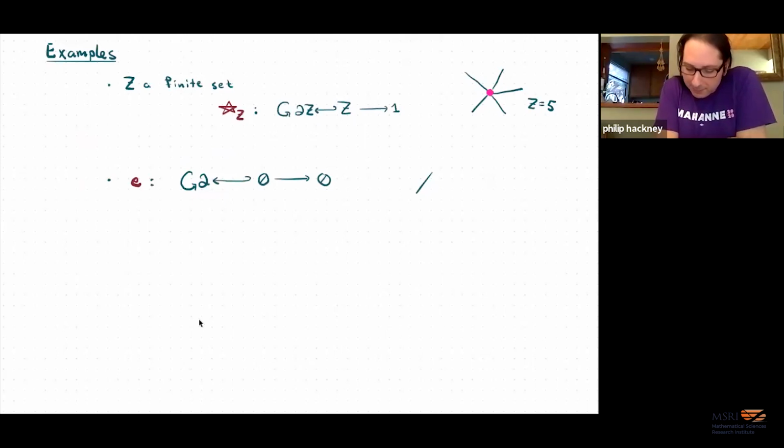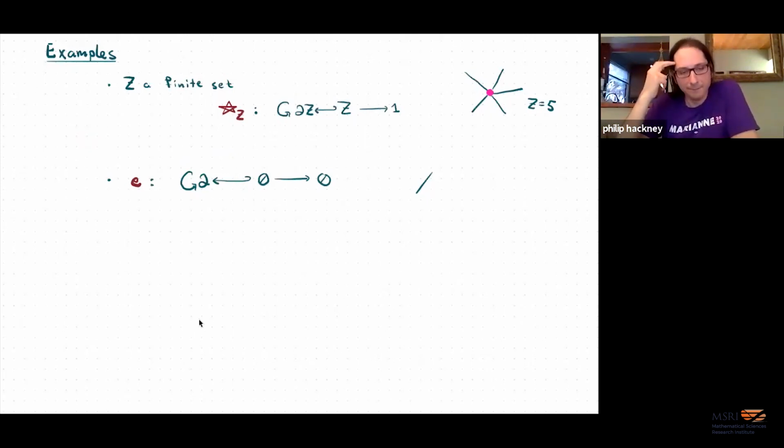For the first example, if I have any finite set, I can look at a kind of star on that finite set, pictured here. It has as its edges just the set Z. And so its oriented edges are like 2 copies.